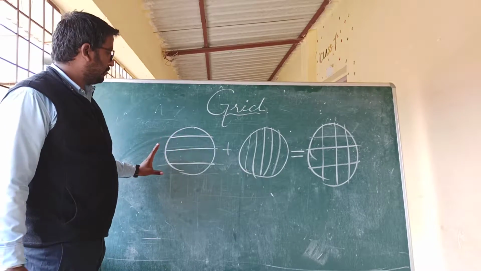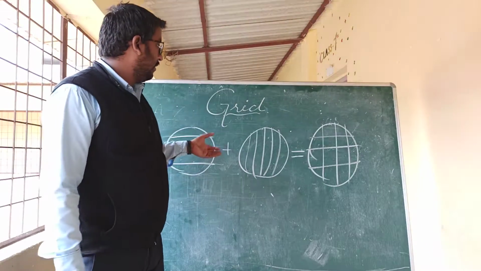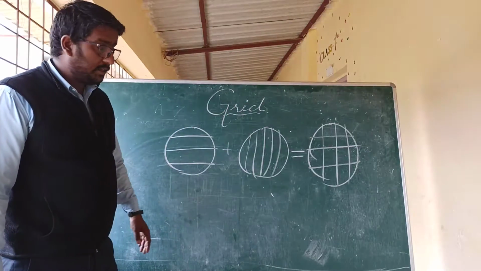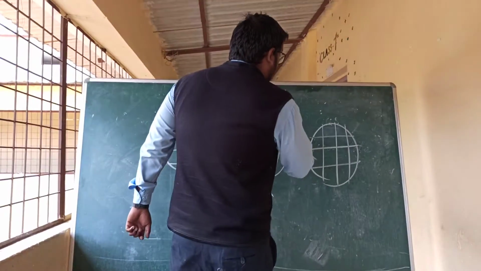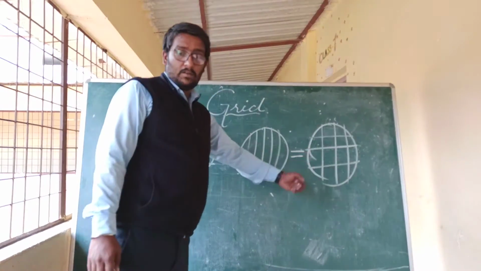So these are latitudes which horizontally run through the earth. This is longitude which runs vertically from upside down, and these two combined together form a grid, and this is how grid works.